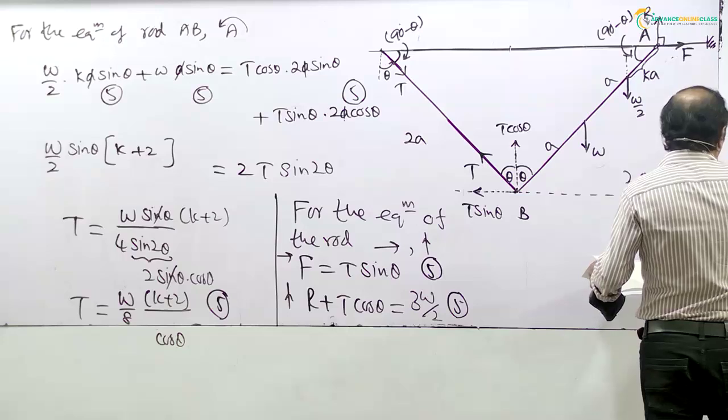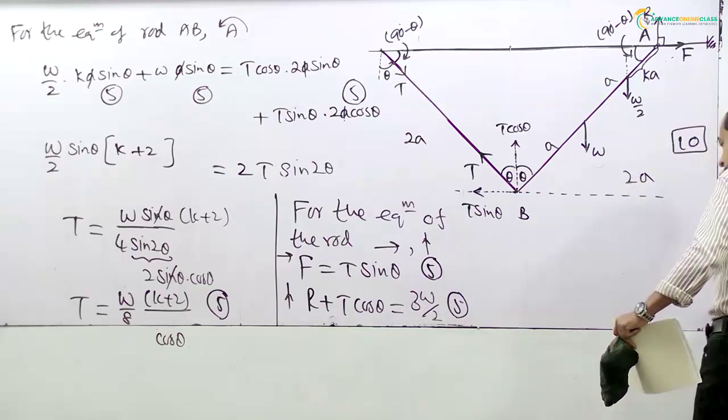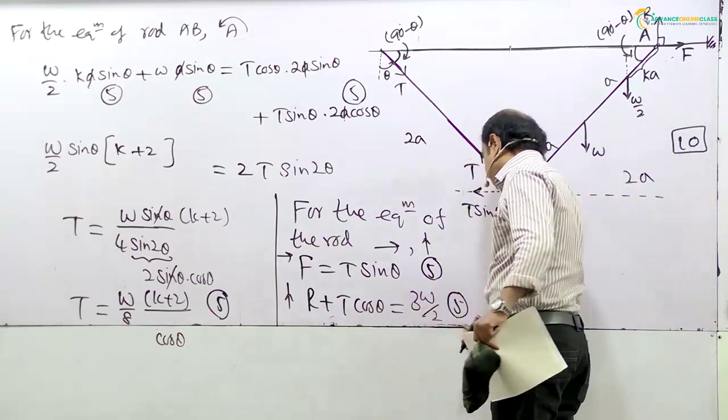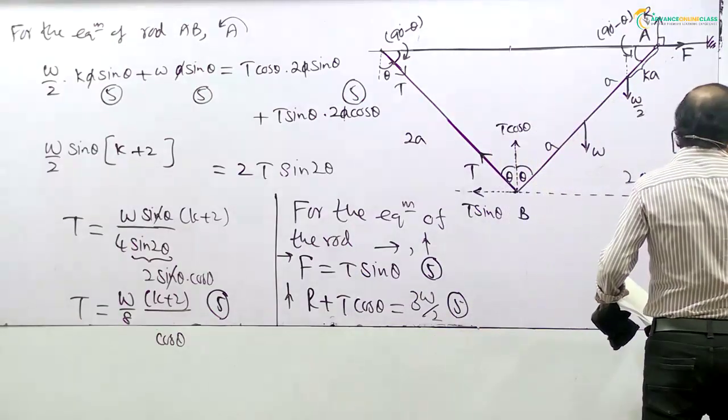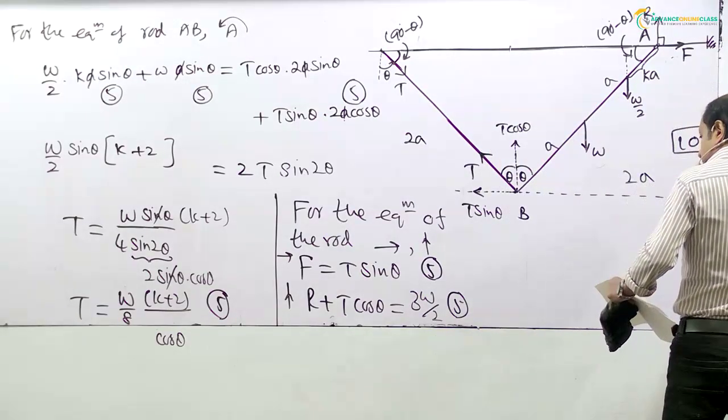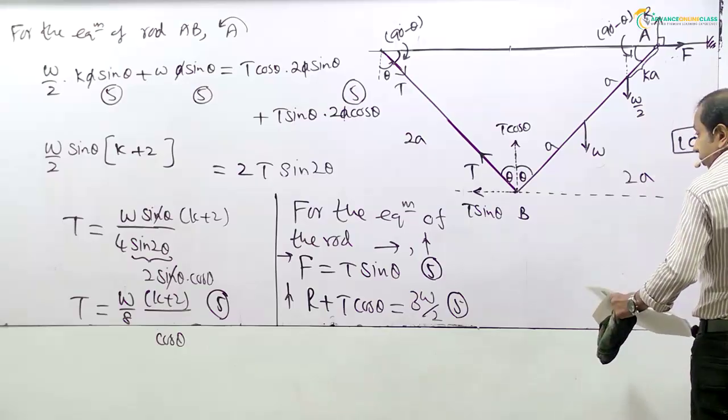R can be found. Take this T cos theta to the right hand side. R equals 3W by 2 minus T cos theta.